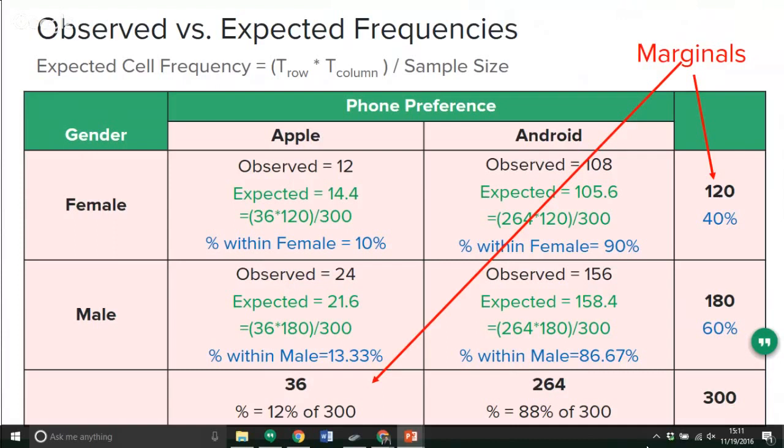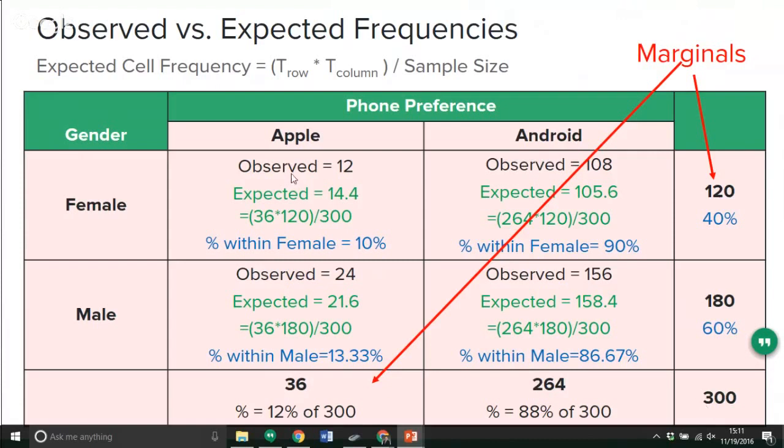If we were to calculate what each individual cell was expected to be, for instance, the expected proportion of females who like Apple, the expected proportion of females who like Android, and so forth, we would use the formula where we multiply the row total by the column total. So we multiply one marginal by the other marginal, and we divide that whole thing by the sample size.